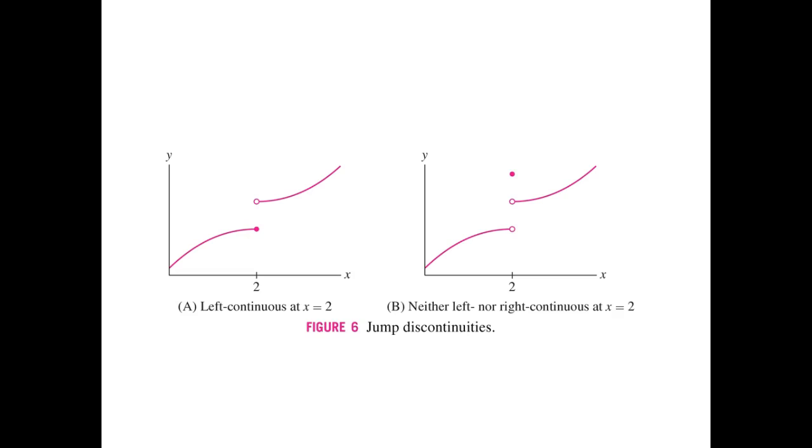The left is continuous at x equal 2, the right isn't, and there's no way you can make that happen. Now, this is also a jump discontinuity.